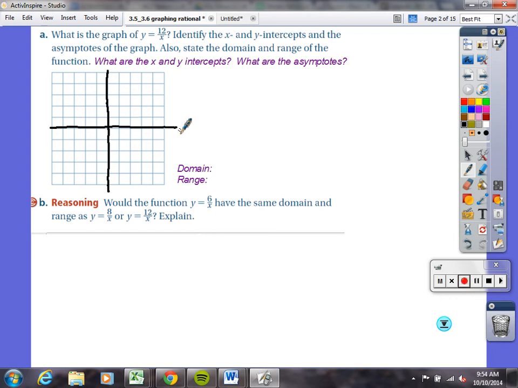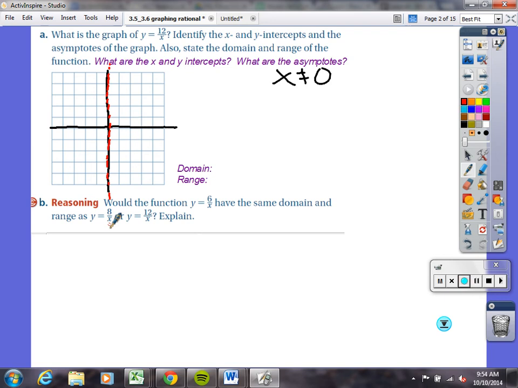X cannot be 0, right? So that answers this question right there. X cannot equal 0. At x equals 0, that is an asymptote, right? So what I do is I do a dotted line, saying I can't touch him. Because it's not always going to be at 0. It might move, correct? Everybody with me on that?